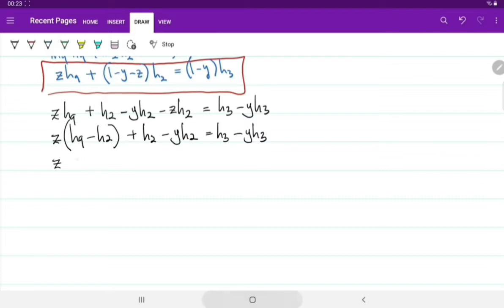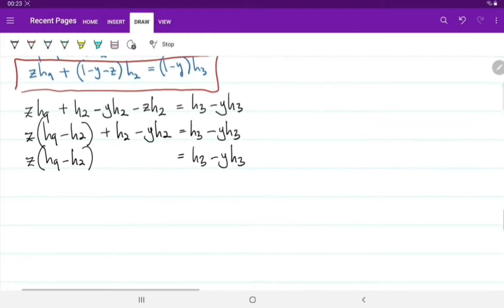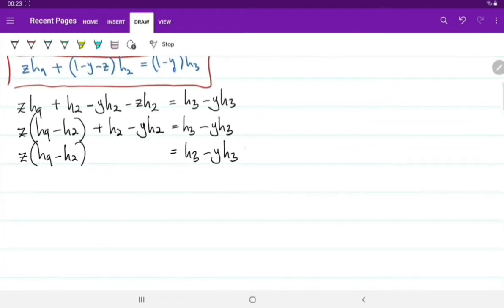Okay, you can just separate the variables. Z times H9 minus H2 equals H3 minus y H3 plus y H2 minus H2.